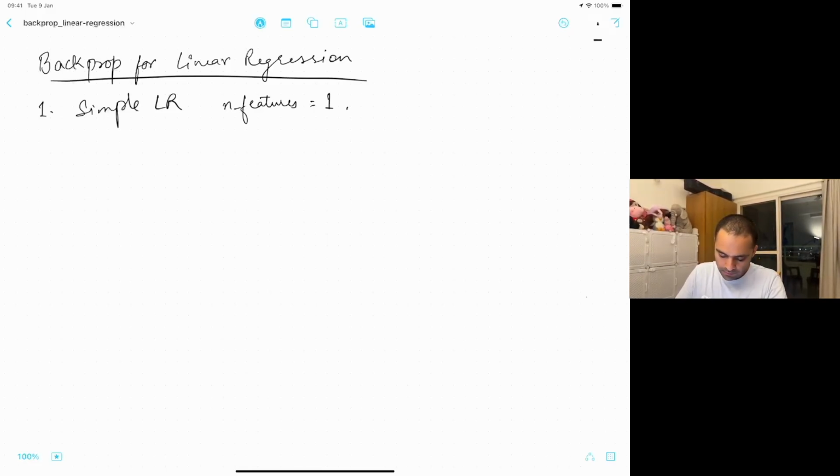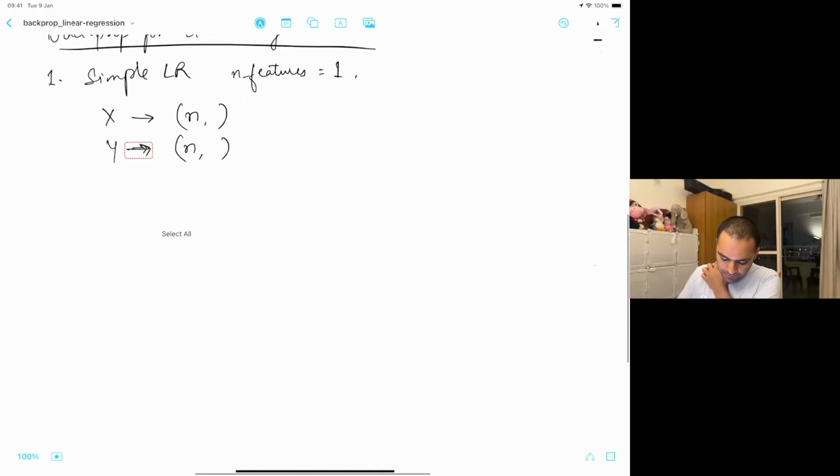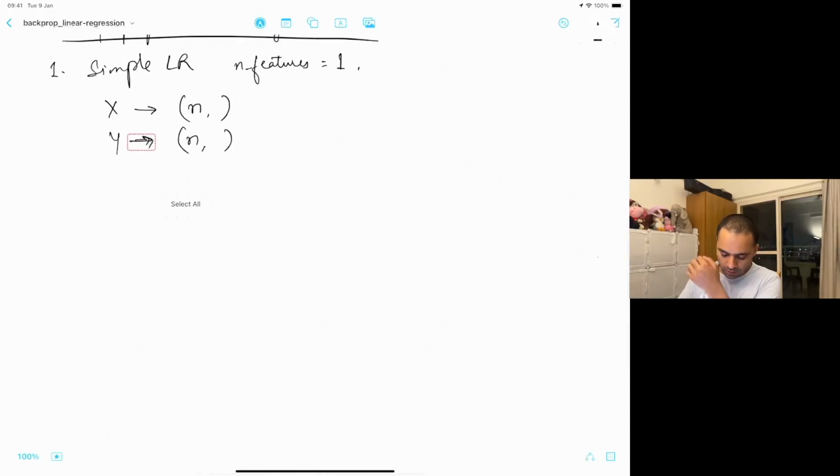We'll take only one feature as input to the model. So x would have n examples, n samples, and only one column. Y would also have n samples and only one column.